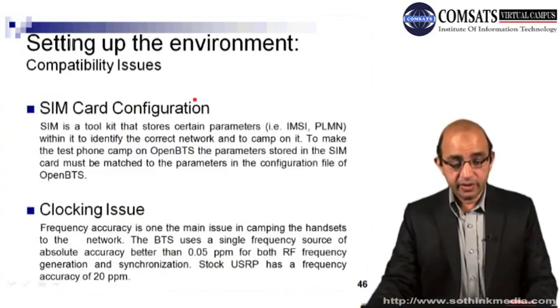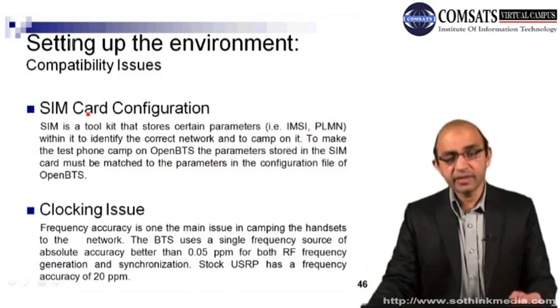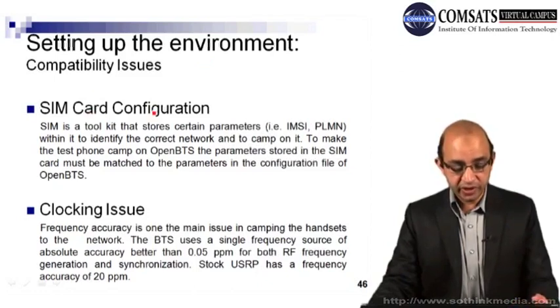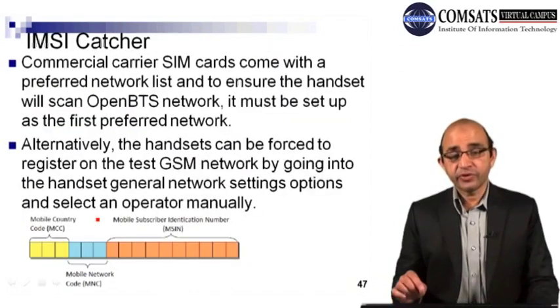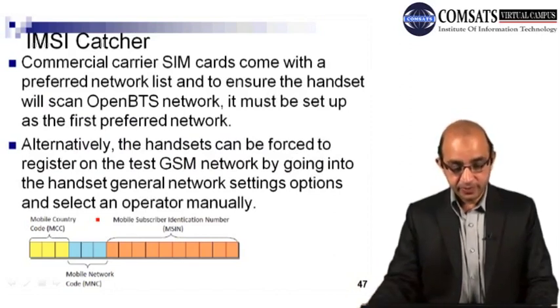So here you can set up this environment. There are some issues: SIM card configuration, the clocking issue as I've mentioned, and first of all we have to catch the IMSI, right. That is an international unique number, right.